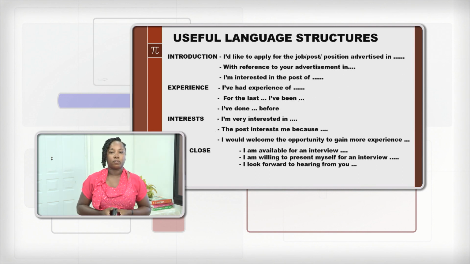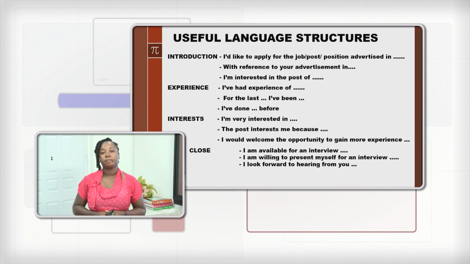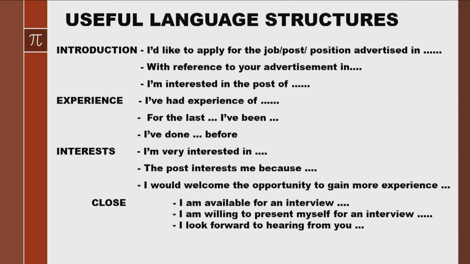Here are some useful language structures. In the introduction, you can say, I'd like to apply for the job, post, or position advertised in, or with reference to your advertisement in, or I'm interested in the post of. For experience, you can say I've had experience of, or for the last so many years I've been doing such and such, or I've done such before.